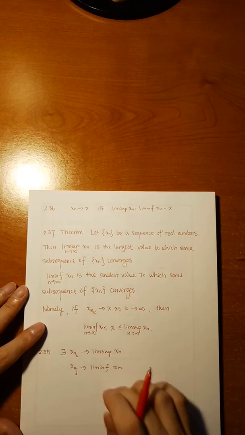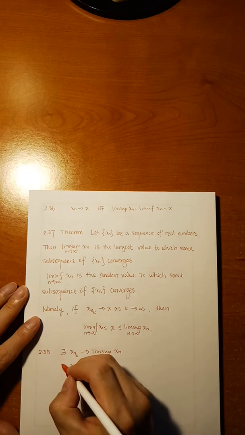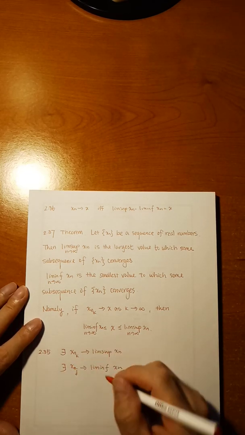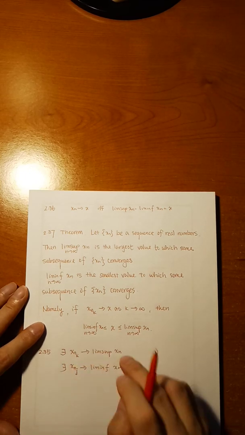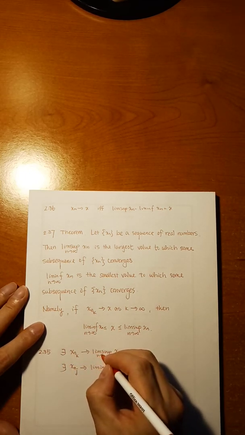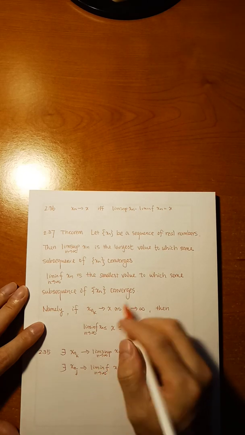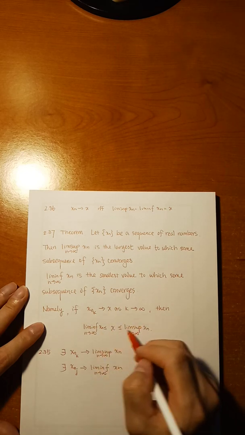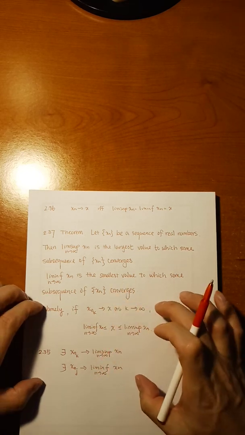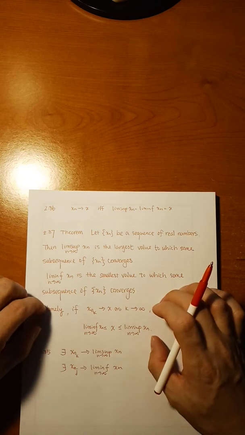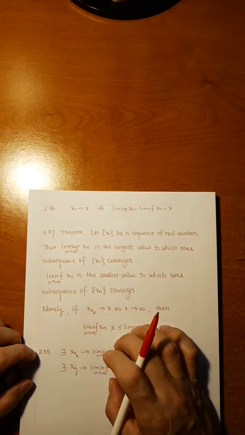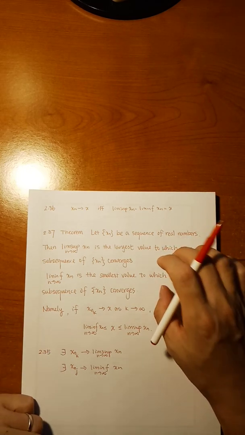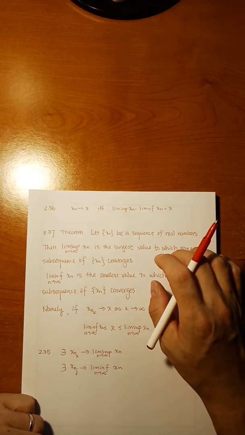Here it's not necessary to have a finite number. It can be infinite, but anyway, you can always find a subsequence converging to the lim sup and the lim inf, and any convergent subsequence with limit x will be bounded by them. So this statement plus theorem 2.35 together is equivalent to the statement 2.37.